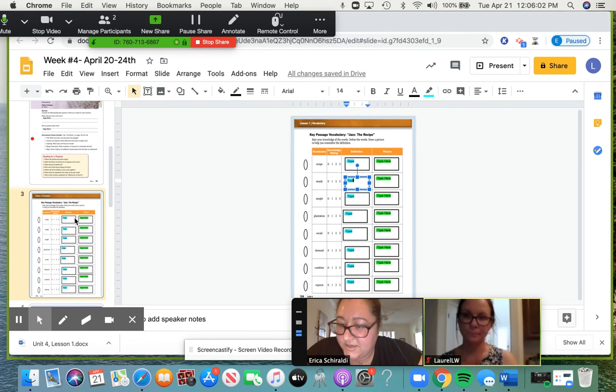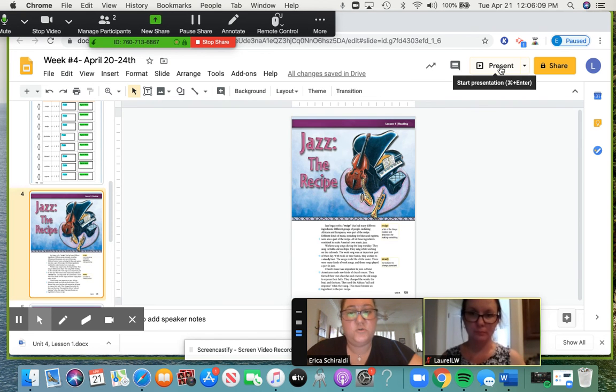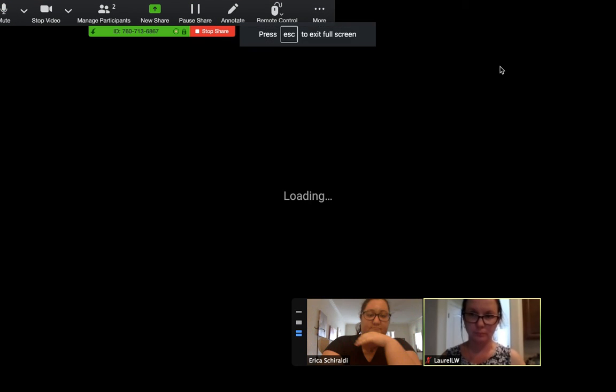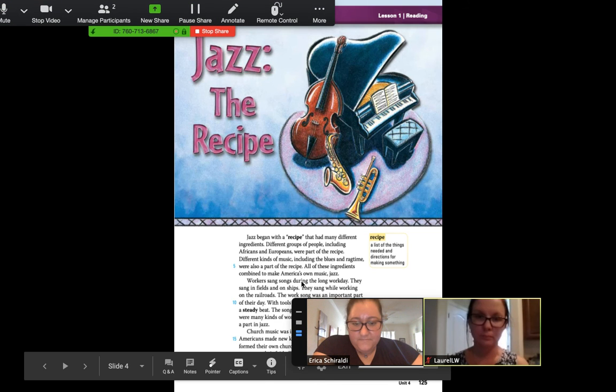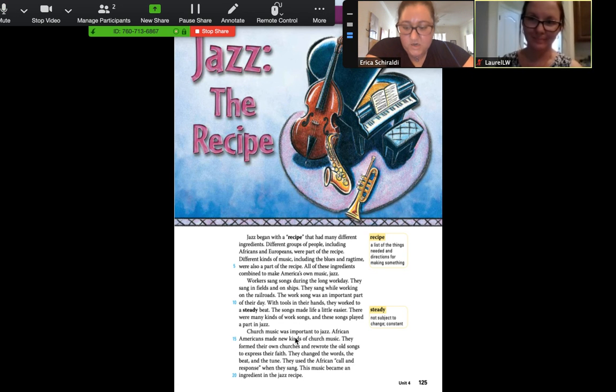Now, after you go to the next slide, you're going to read this text. Now, I understand that it's really small, so you can put it in present mode to make it really big. And sorry, I'm trying to move our little Zoom peoples. Or if you want to even make it bigger, you can put it back in edit mode.